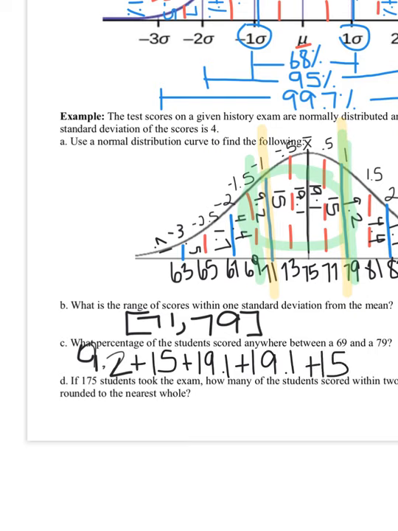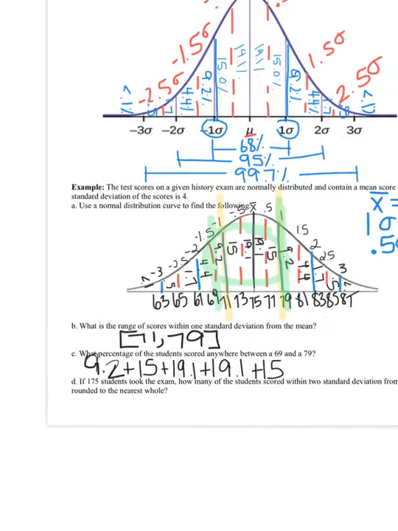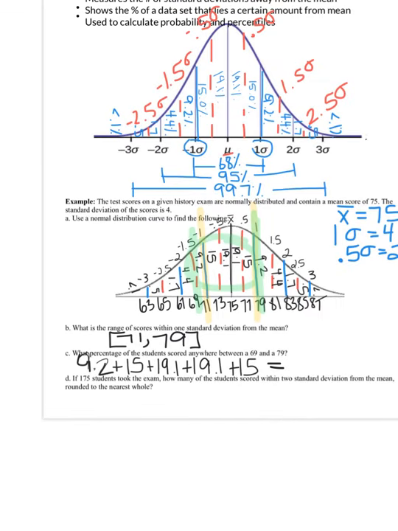I don't go to 9.2 because that's past the score of 79. So if I add all of those numbers together, that percentage would be 77.4%. Okay, so 77.4% of students scored between a 69 and a 79.